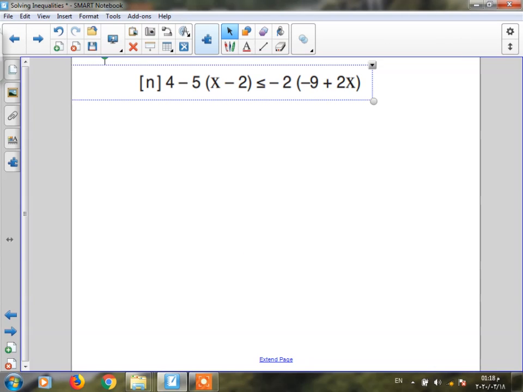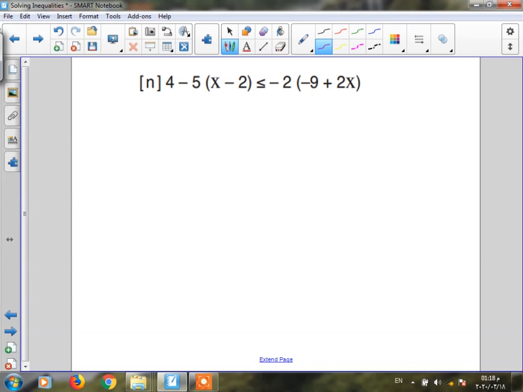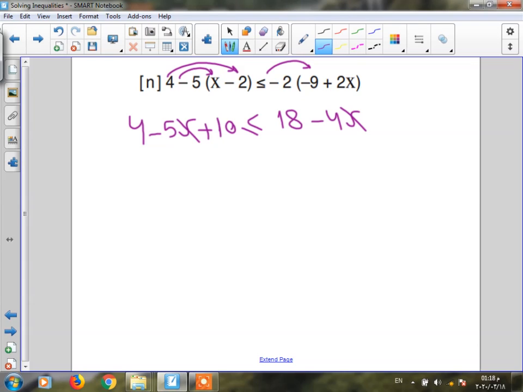We will continue. Now I have 4, negative 5 times x equals negative 5x, negative 5 times negative 2 equals positive 10, less than or equal to negative 2 times 9 equals positive 18, negative 2 times 2x equals negative 4x. 4 plus 10 equals 14, minus 5x, less than or equal to 18 minus 4x.